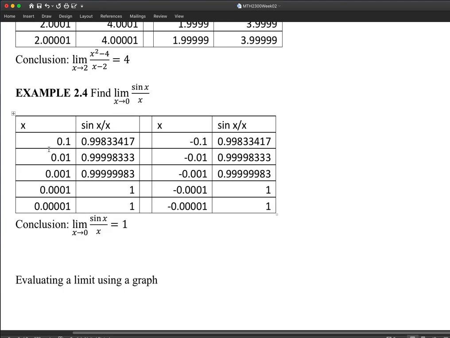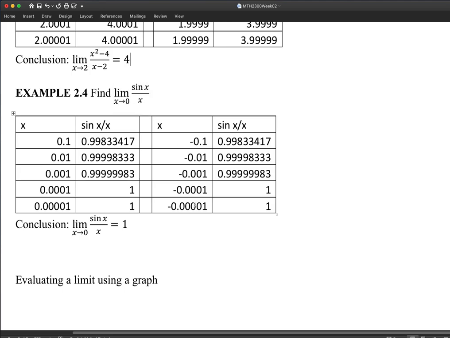I try x approaching 0 from the right, so I have those positive values greater than 0. Even though those numbers may look weird, it's fair to say they look like they are approaching 1. At the same time, I also tried x approaching 0 from the left, those negative x values.